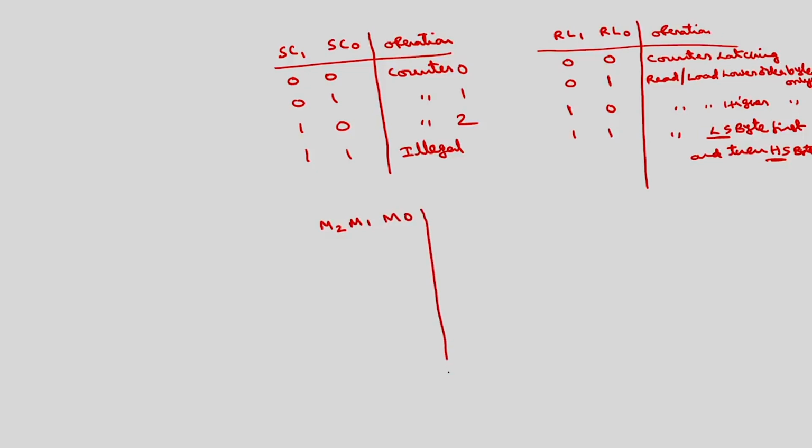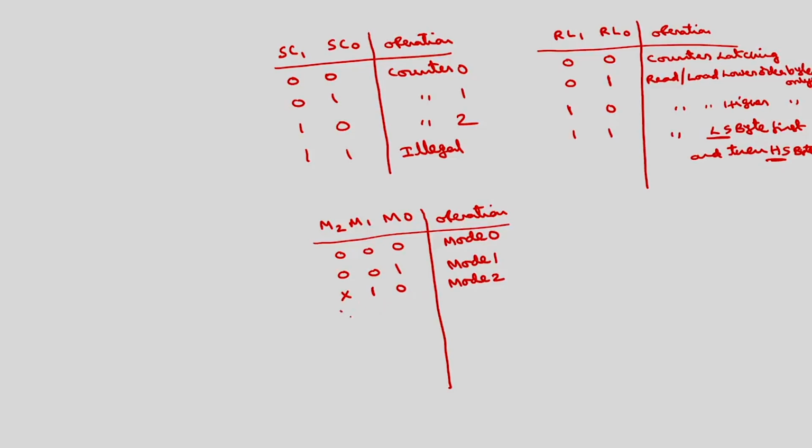And M2, M1, M0 is mode selection. As I have told, there are 5 modes. 0 0 0 is mode 0, 0 0 1 is mode 1, X10 is mode 2, which means this can be 0 1 0 or 1 1 0, both are mode 2.